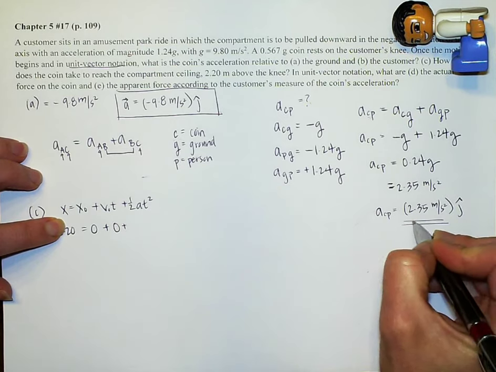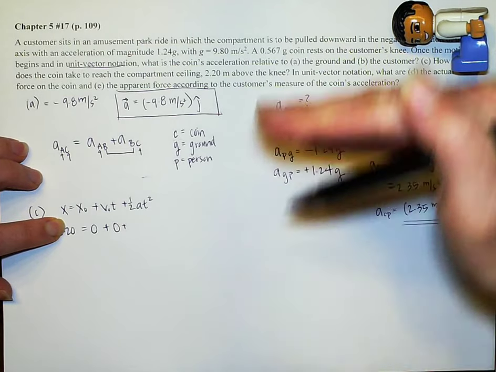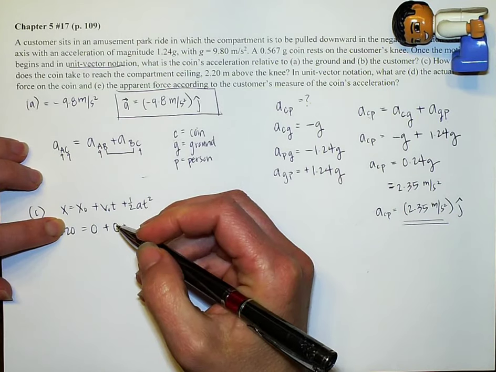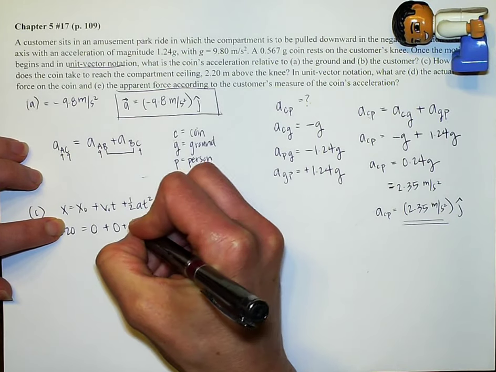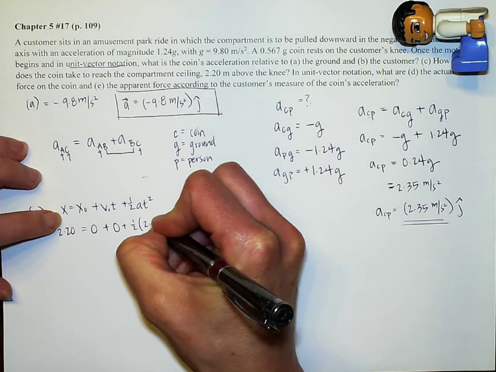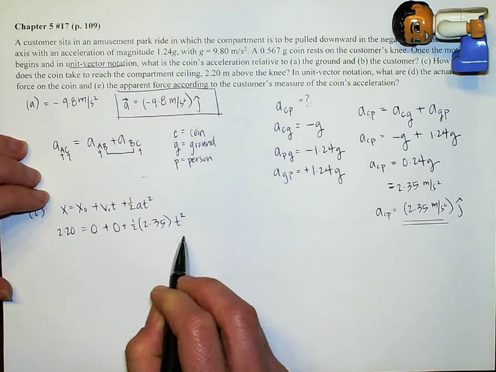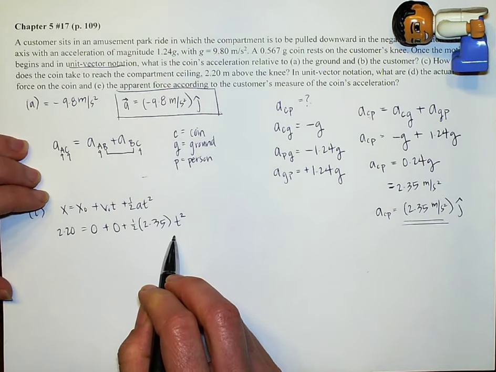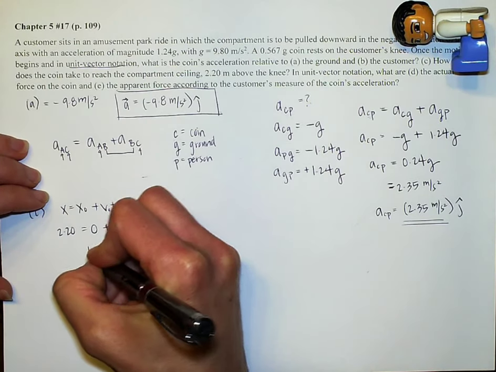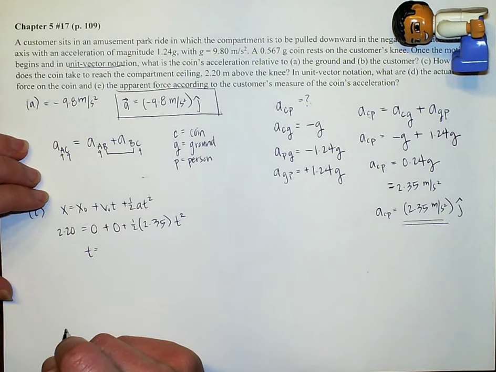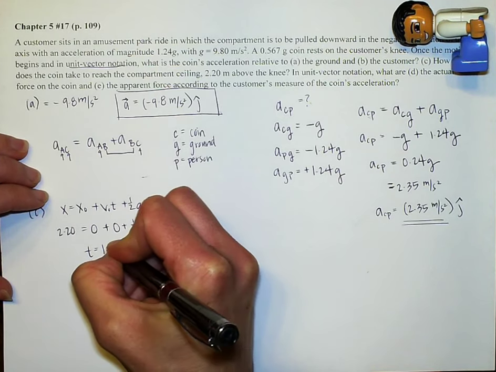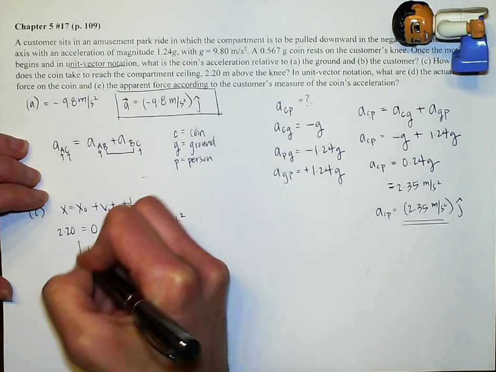But then our acceleration is this upward acceleration to get to the top of our compartment ceiling. So 1/2 times 2.35 times t squared. And so this is what we need to solve. We find out via our calculator that our time is 1.37 seconds.